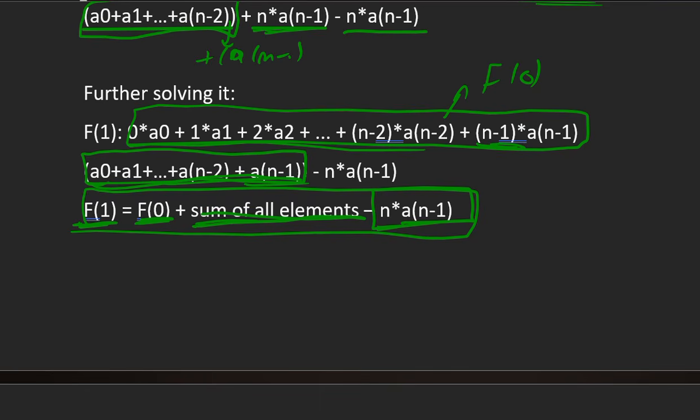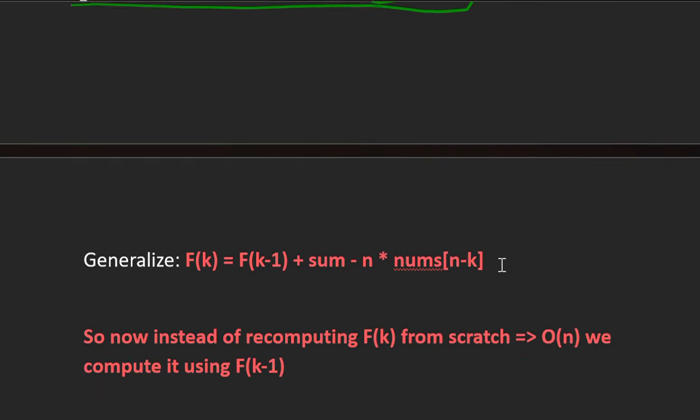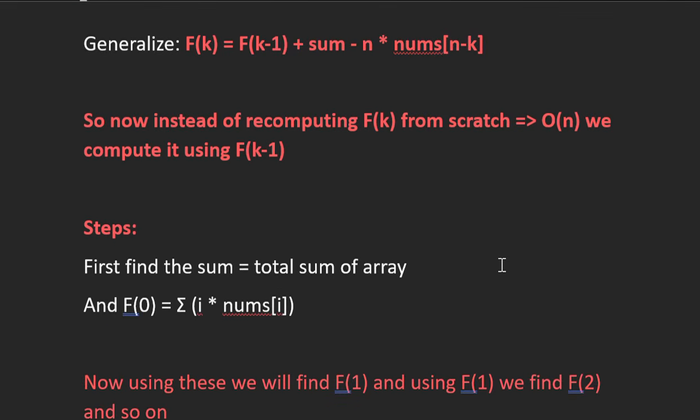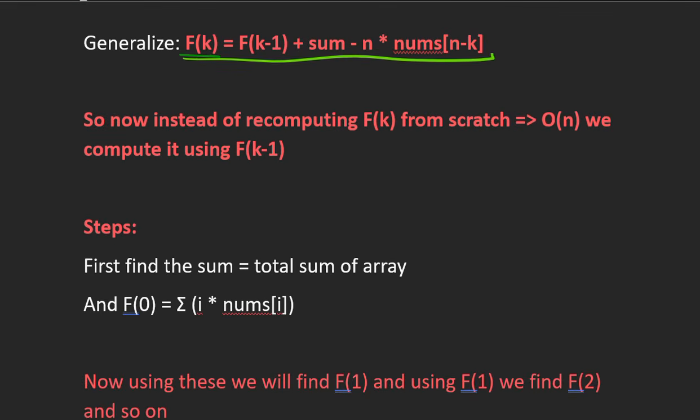If we generalize this, we get f of k is equal to f of k minus 1 plus the sum of the array minus n into nums of n minus k, right? So this is the generalized term.